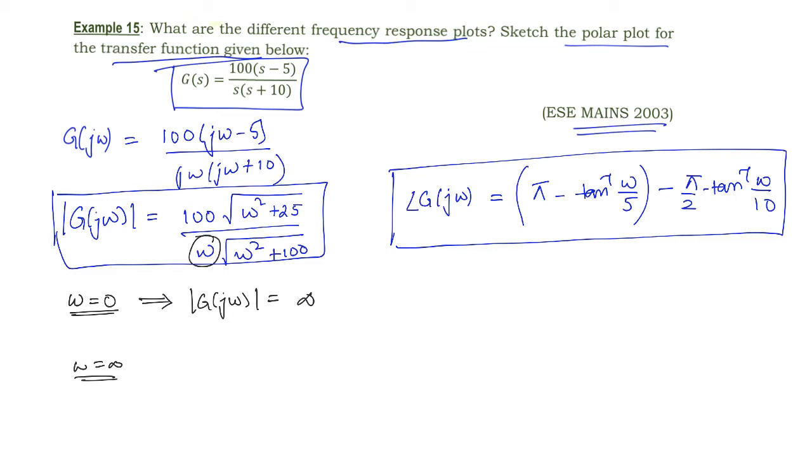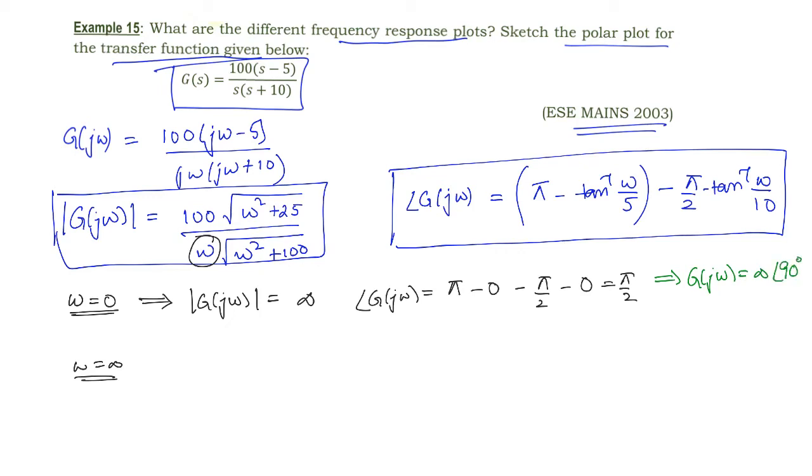And angle g of j omega will be equal to pi minus 0 minus pi by 2 minus 0, so this will be pi by 2. So for omega equal to 0, g of j omega will be equal to infinity angle 90 degrees.